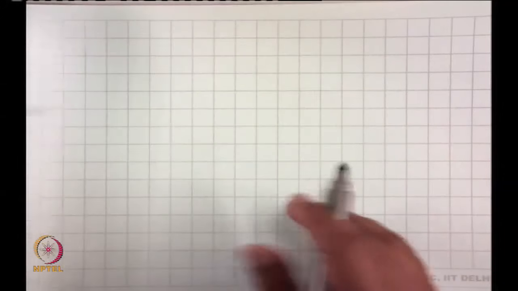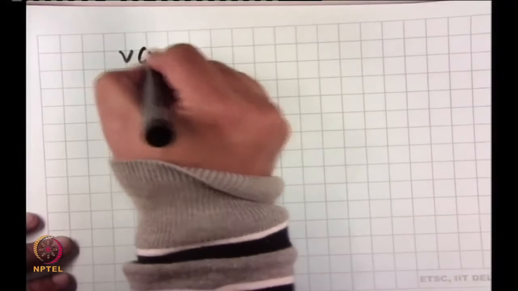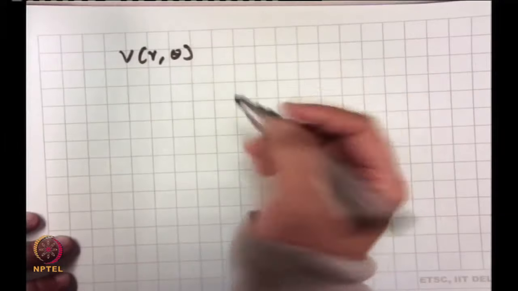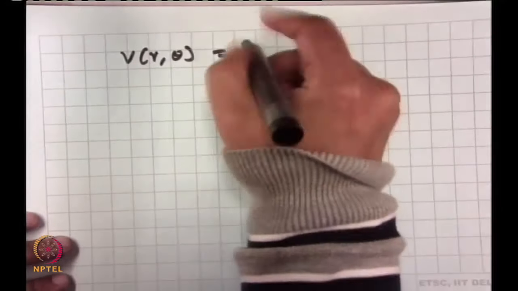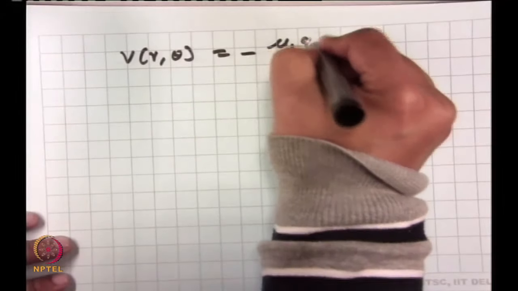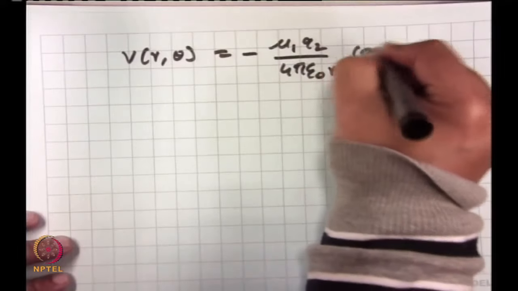So look at this equation again, and let me write it again just to make the connection. I can write the previous equation as V of r, theta, because it depends upon theta, it also depends upon r, equal to minus mu1 q2 over 4 pi epsilon 0 r squared times cosine of theta.